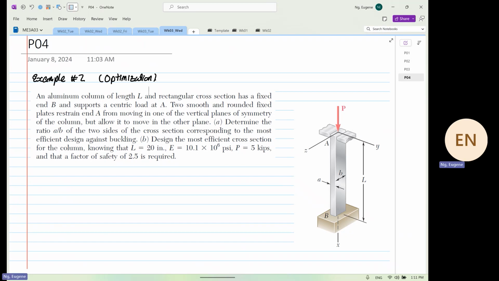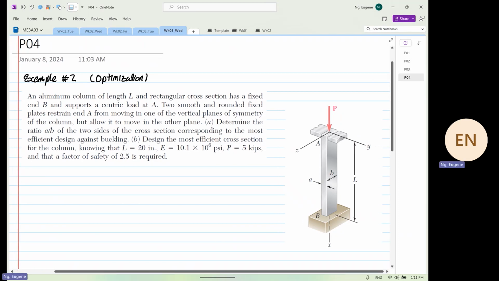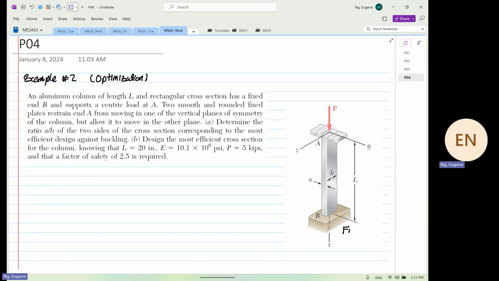Okay, let's look at it. An aluminum column of length L and cross section has a fixed end B and supports a centric load at point A. So they declare that at point B this is fixed, and over here this is a centric load.